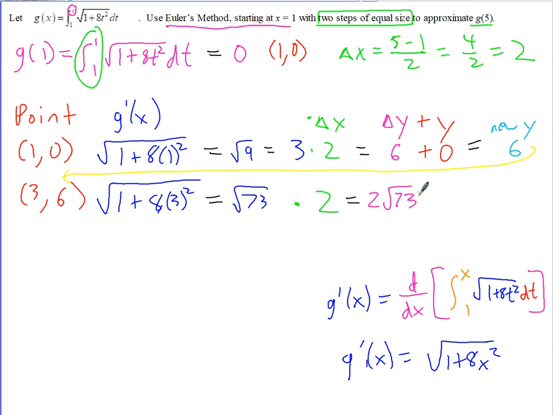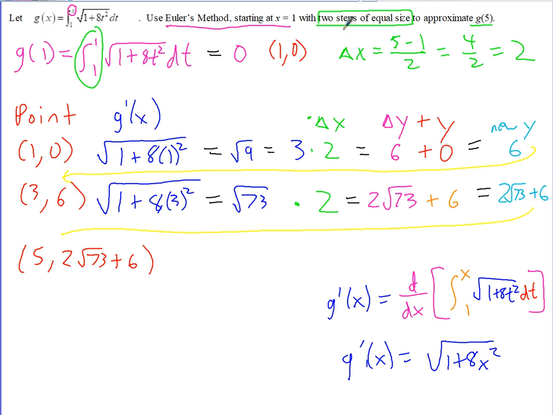And then the original y coordinate was 6, so plus 6 is going to give us our new y coordinate of 2 root 73 plus 6. So that's our new y coordinate. Then increase the x coordinate by the step size 2, so 3 plus 2 gives you 5, and the y coordinate we just found is 2 root 73 plus 6.